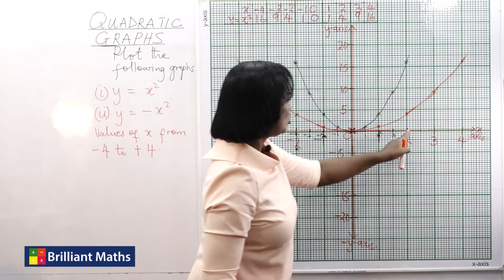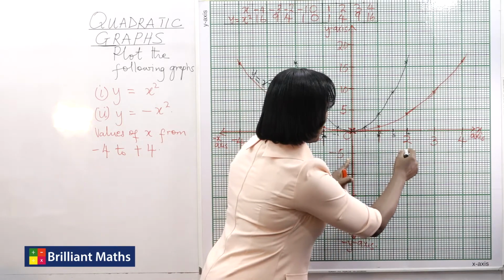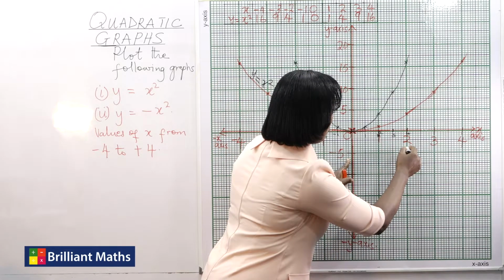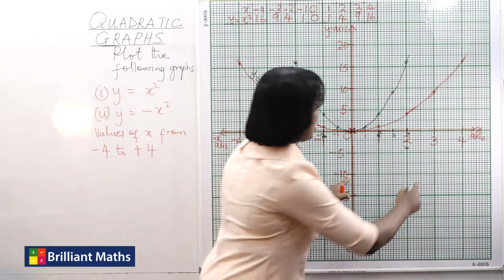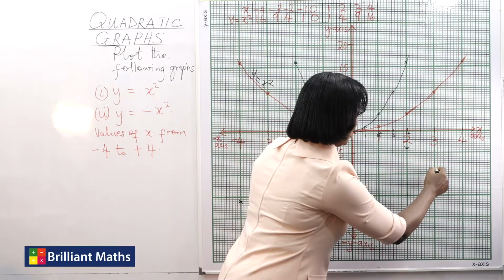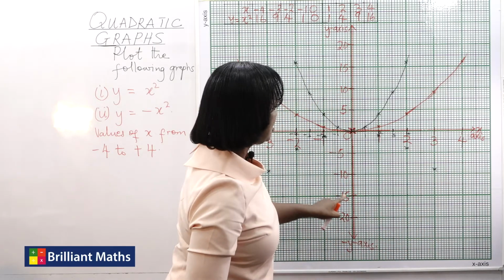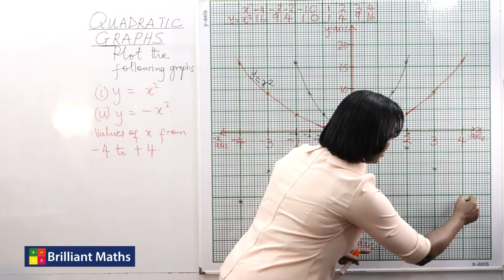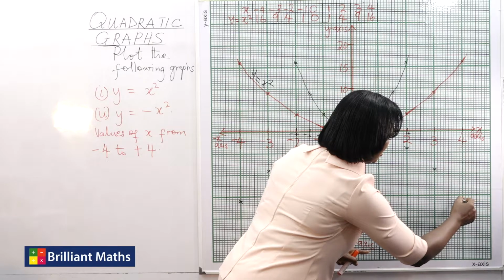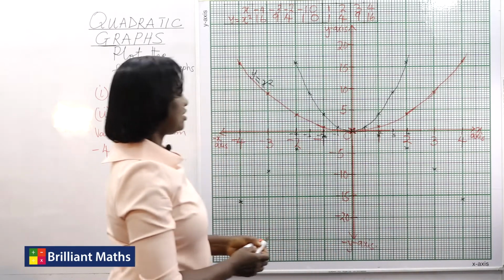When x is 2, y is minus 4. When x is 3, y is minus 9. And when x is 4, y is minus 16.